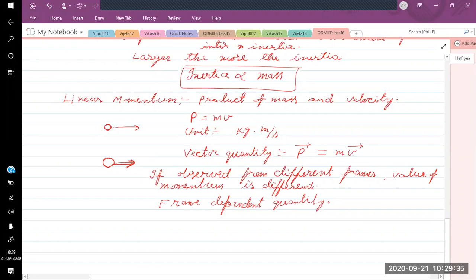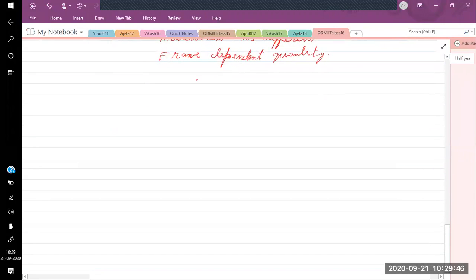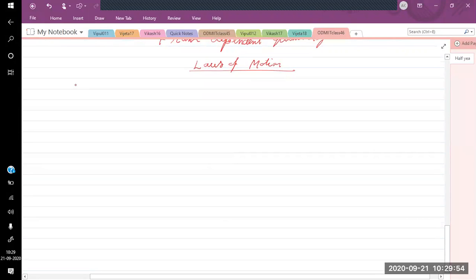Now we will discuss Newton's laws of motion, the three Newton's laws. So what are the three laws? First we will discuss the first law of motion.